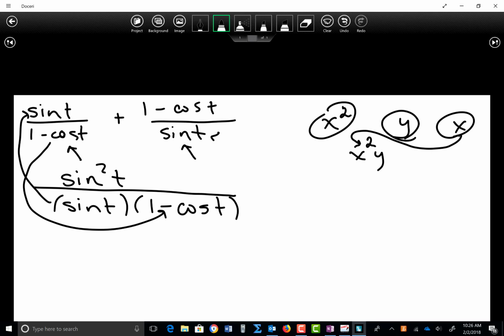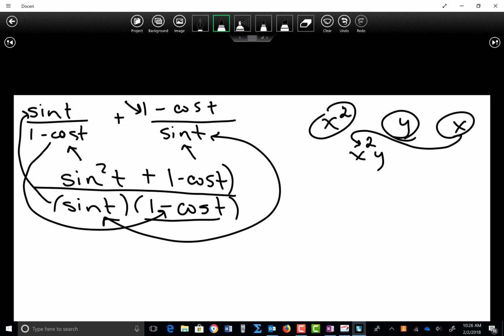In this one, the sine is included, and I have left 1 minus cosine, so it would be multiplied by the 1 minus cosine. So this is what we have so far.